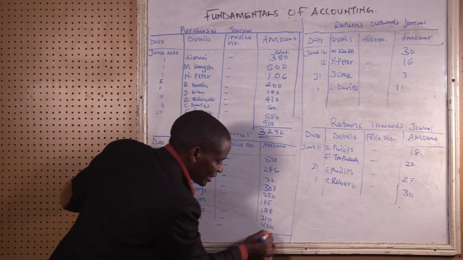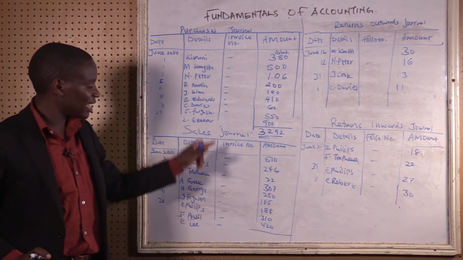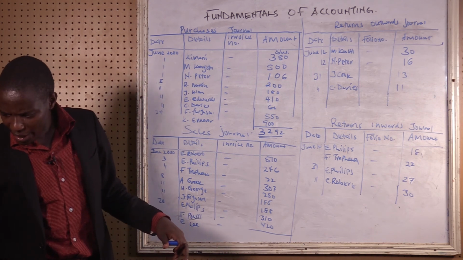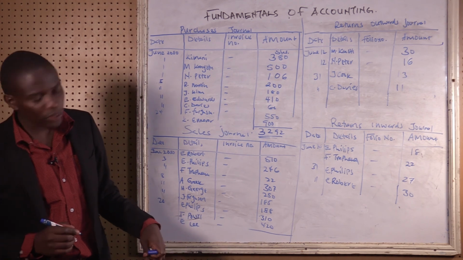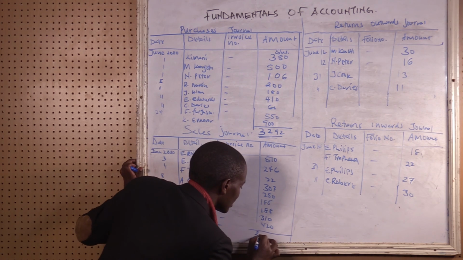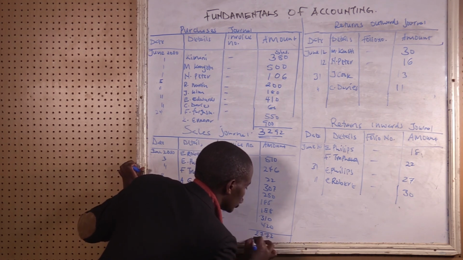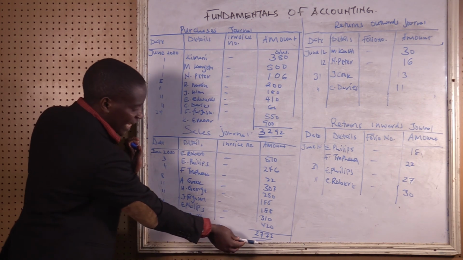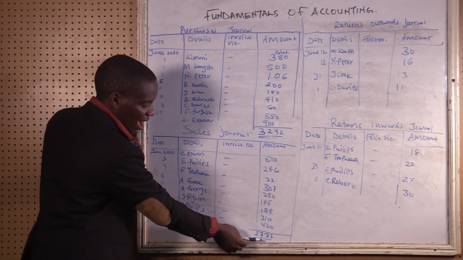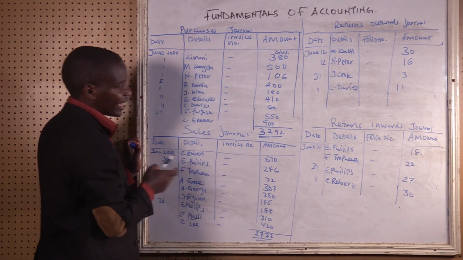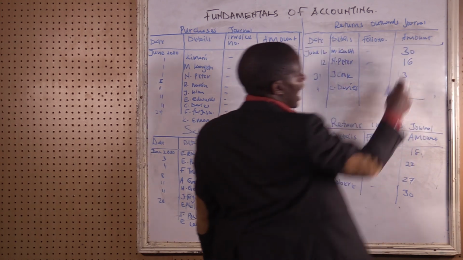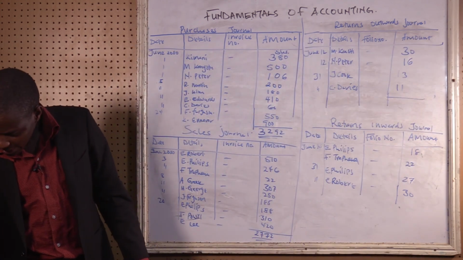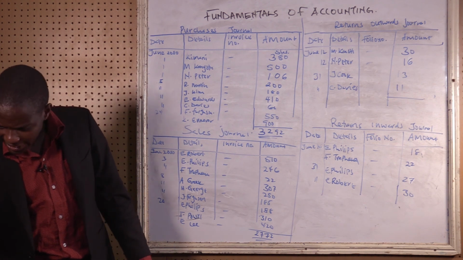Then we take our calculator and add the amounts on the sales journal, and from the sales journal I am getting 2,772. So my total credit sales are worth 2,772. We do the same for the returns outwards journal.